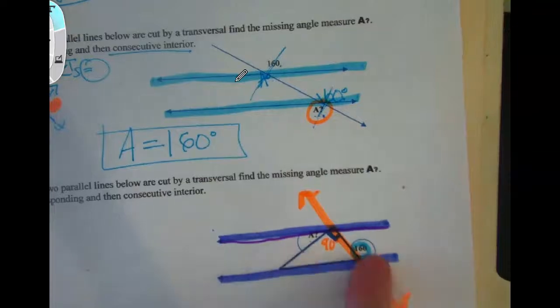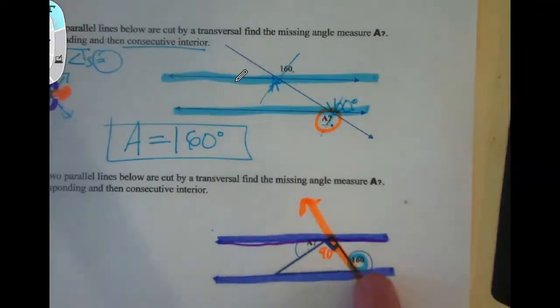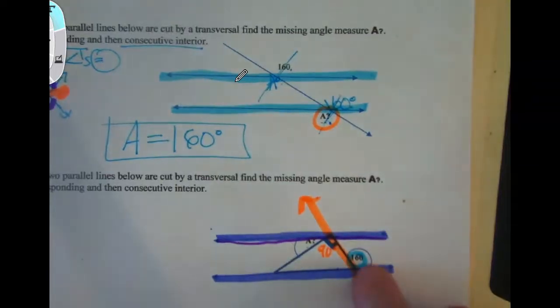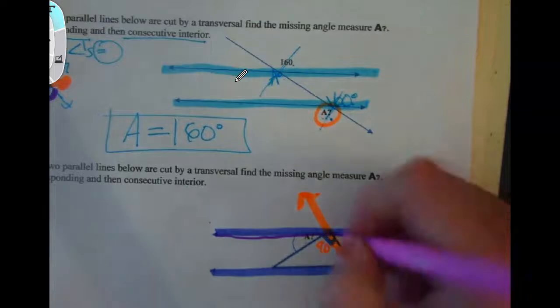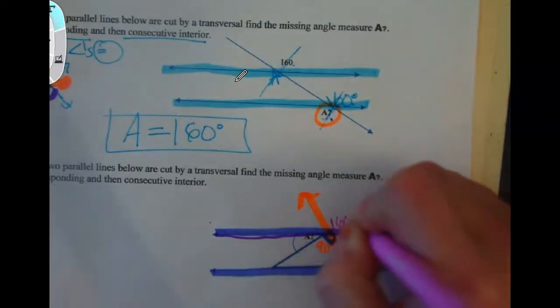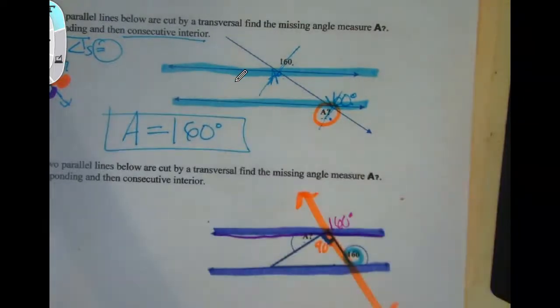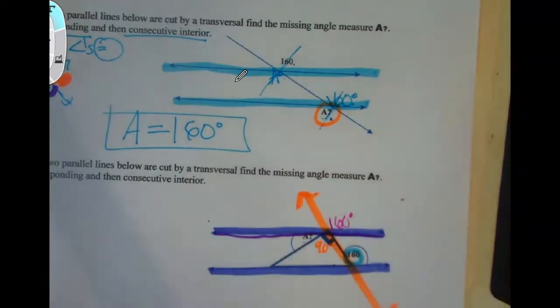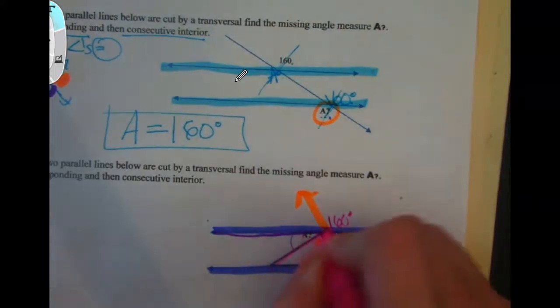So if I look at this and I take my 160 and bring it towards the A, 160 is on the top, so 160 would also go on the top here. I can also, if I'm trying to find A, extend this line too as a transversal.